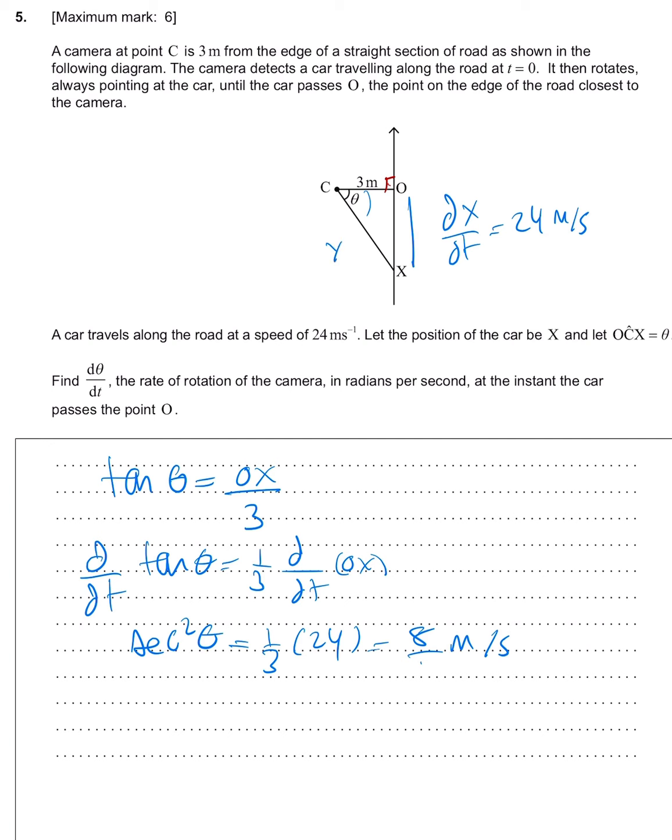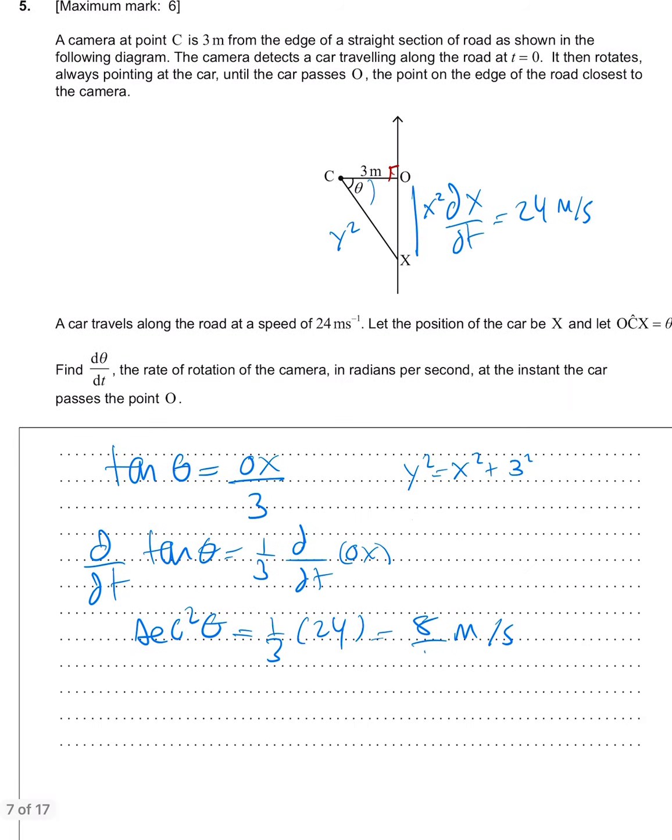So x squared, y squared, that's 3, just to try. I know that y squared equals x squared plus 3 squared. If I take the derivative of everything with respect to, what?